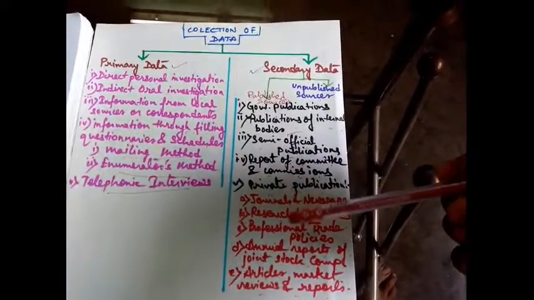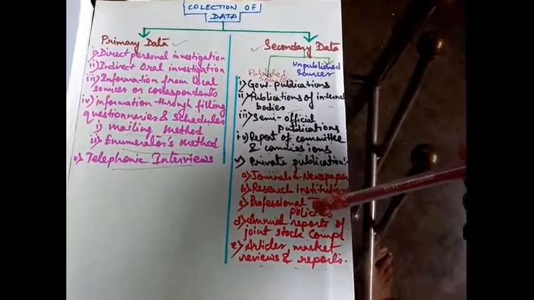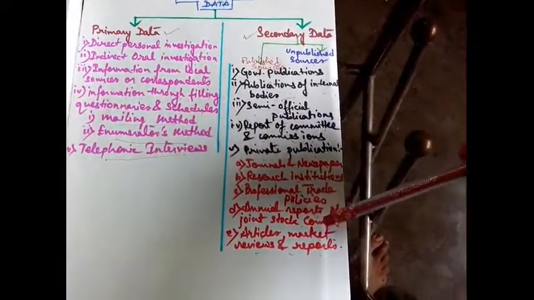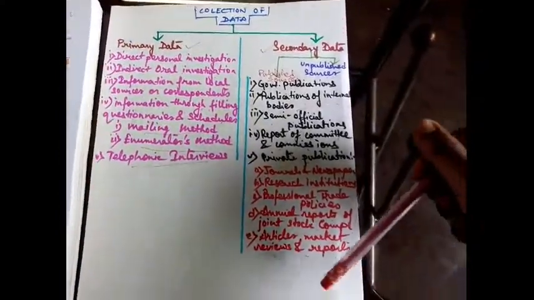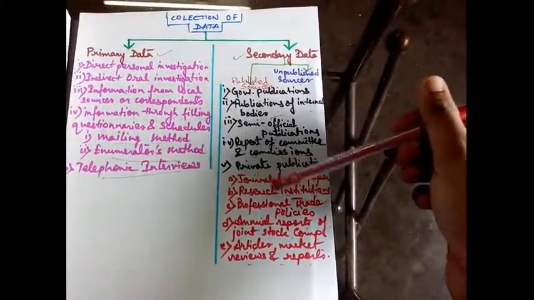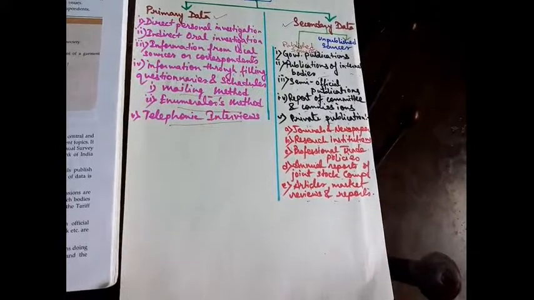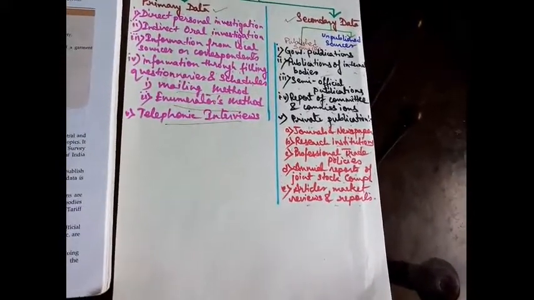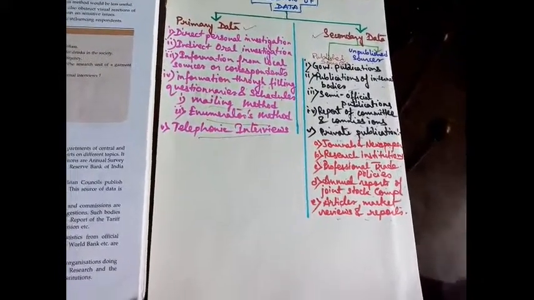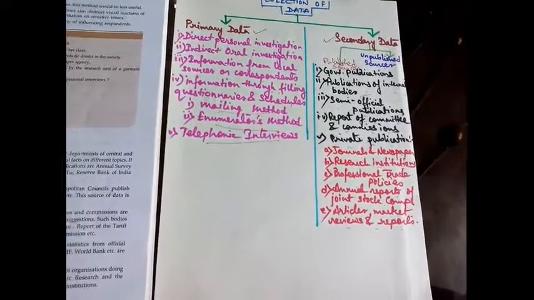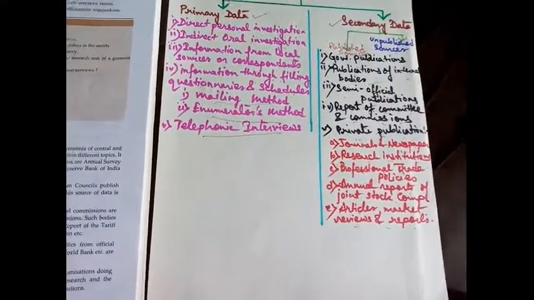Under private publications there are journals, newspapers, research institutions, professionals, trade policies, annual reports of joint stock companies, articles, market reviews and reports. All these fall under the published sources. Now what is the difference between published and unpublished? Published means the data which are being published, coming in front of the people, and unpublished means the data which are not coming in front of the people, the society, the country, the region, anywhere.